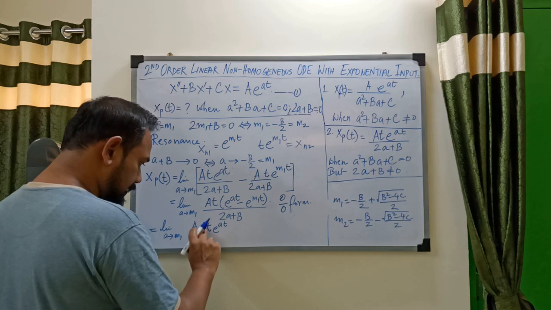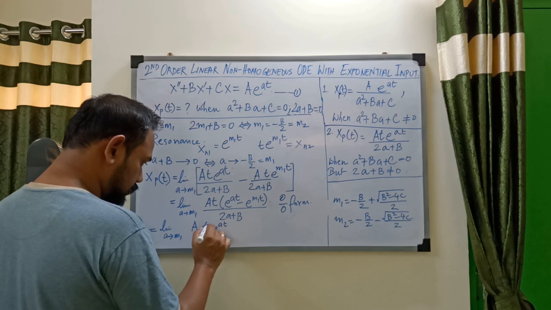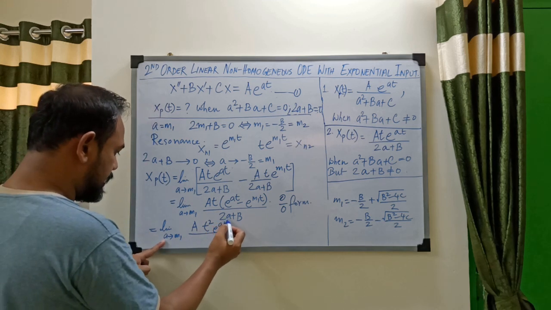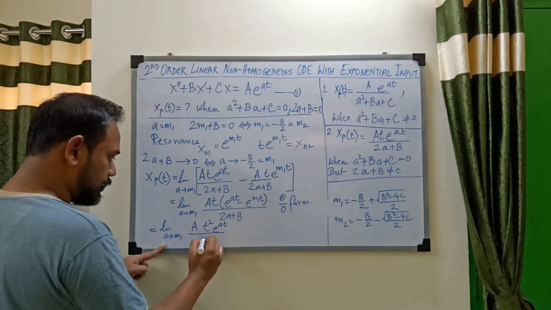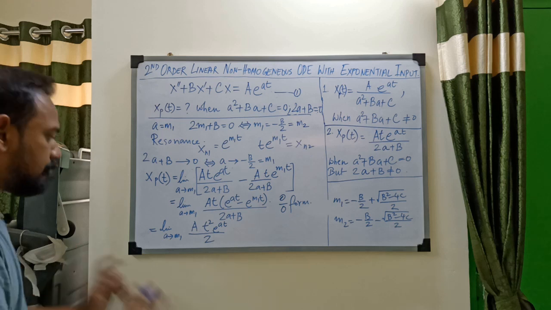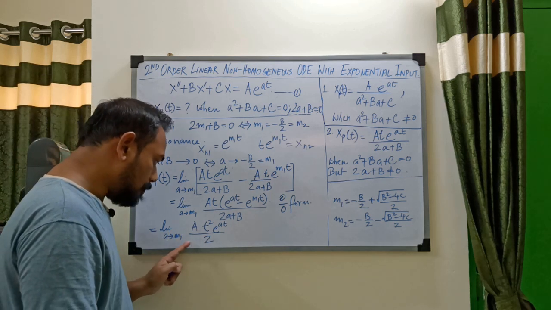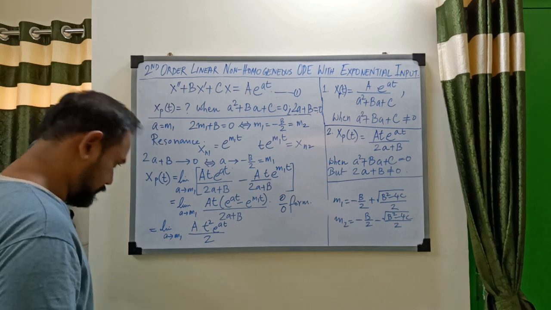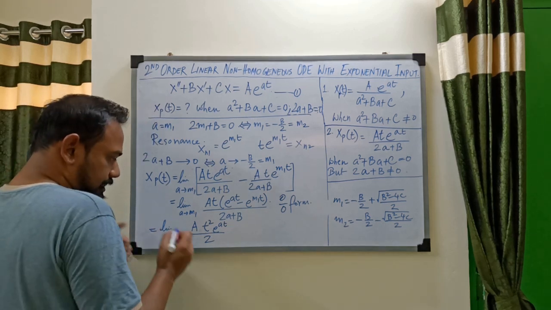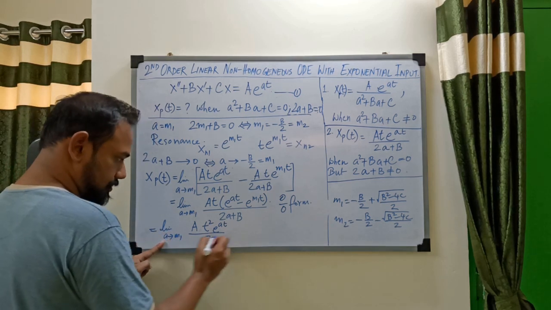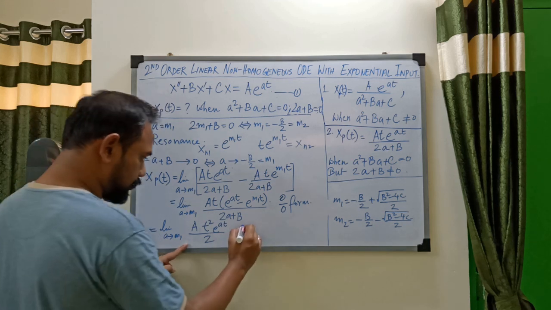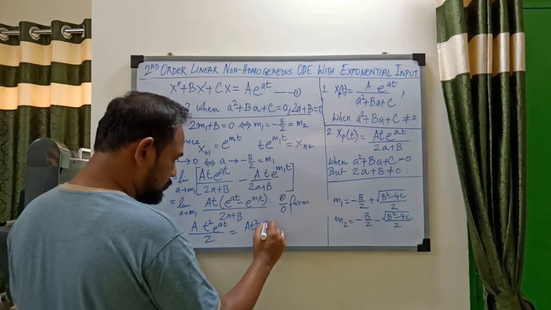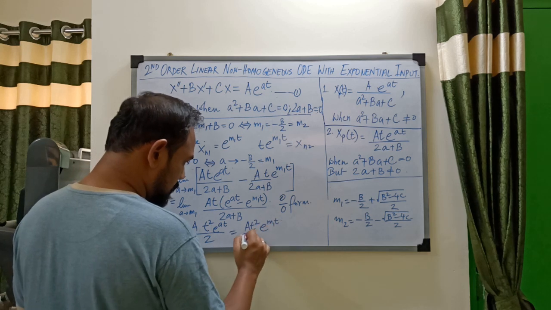So you get capital A t square e to the power a t, divided by, if you differentiate 2a plus b with respect to a, you just get a 2. Well, this is definitely not in the 0 by 0 form anymore, because in the denominator you have a 2, so we are safe. So we can definitely put a equals m1 here without any problems. So let's just do that. So this will be A t square e to the power m1 t by 2.